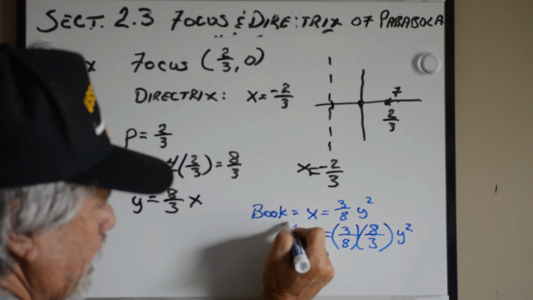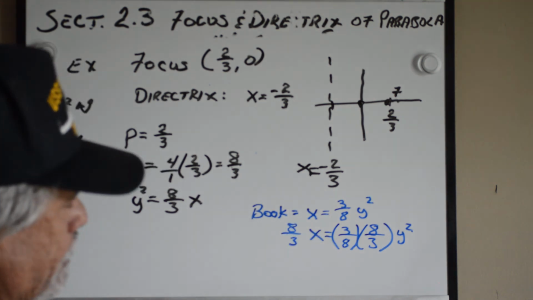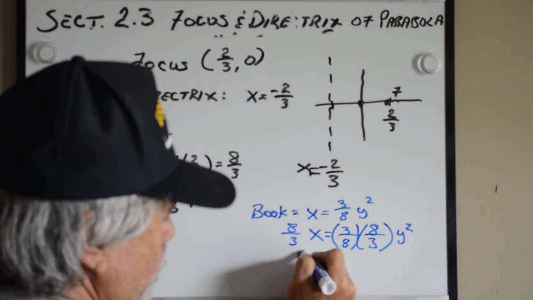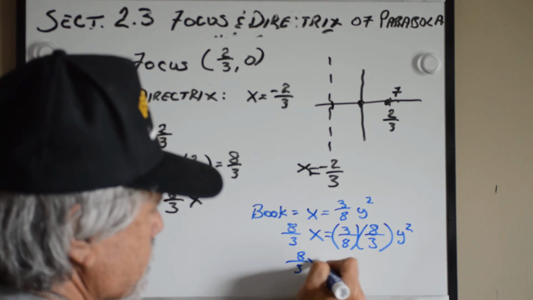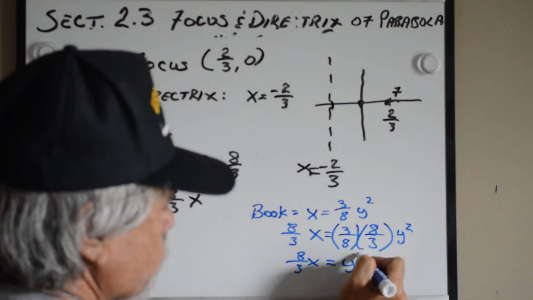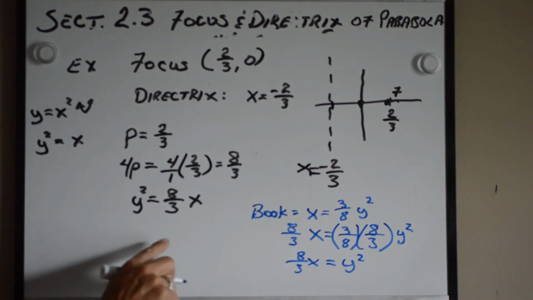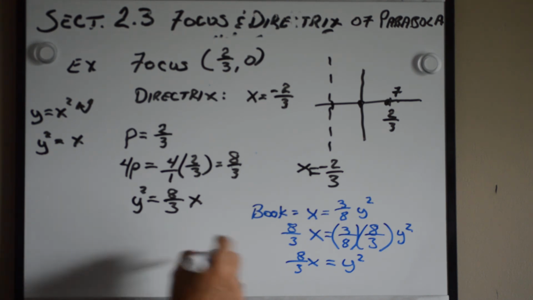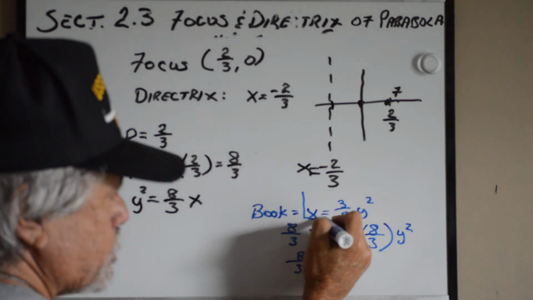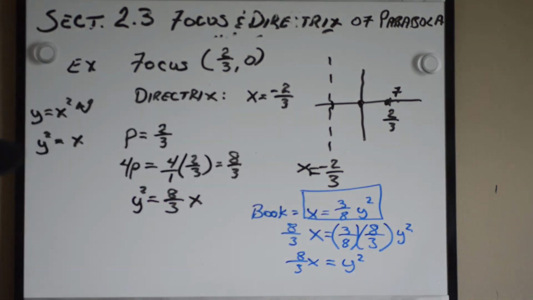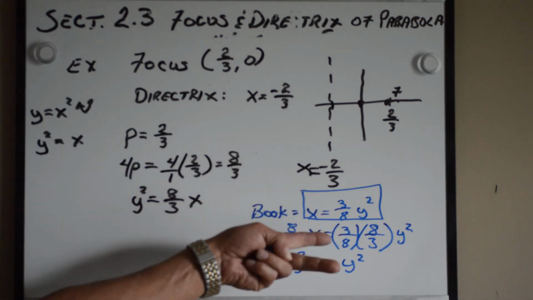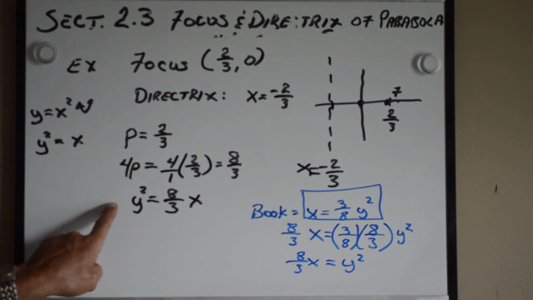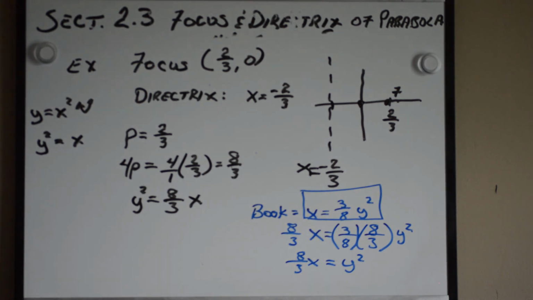I have to multiply this guy by 8 over 3. And so I get 8 over 3x equals y squared. Or y squared equals 8 over 3x. Okay, so this is the book answer. And if you take the reciprocal and put it with the squared term, then you'll get the answer the way we do it. It's the same thing as I just showed you.